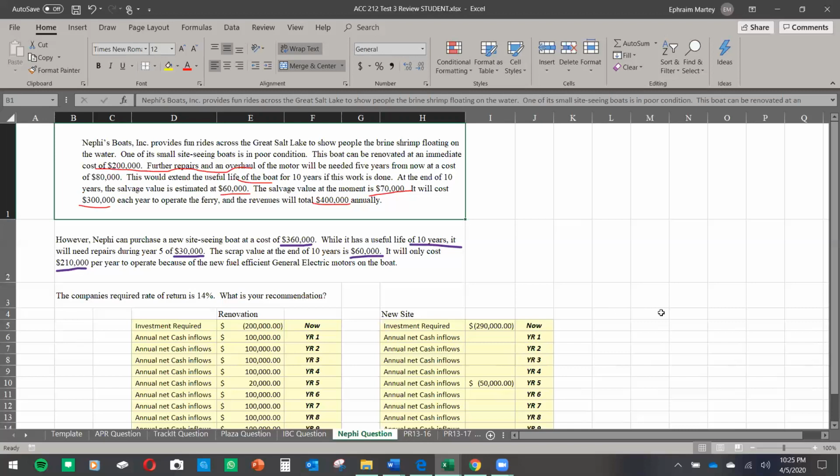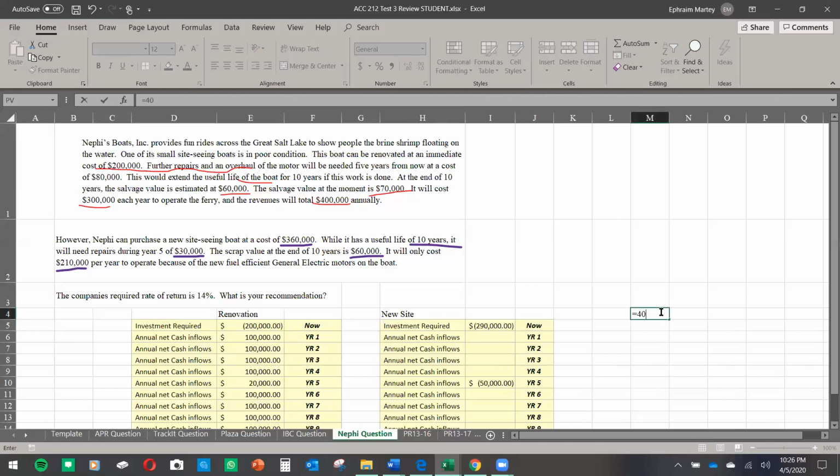So we have 400,000 minus 300,000, and then the inflow is 100,000. But if we use the new machine, our cost will be only 210,000. So instead of 300,000, it's 210,000.